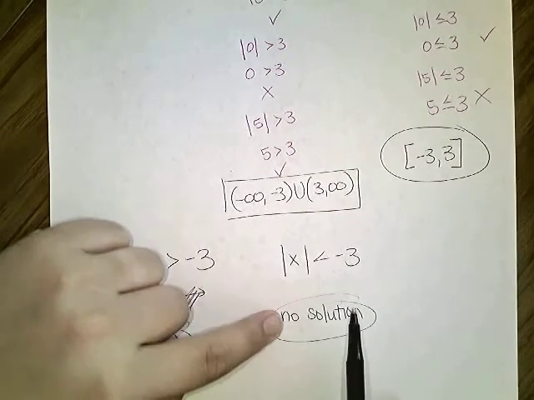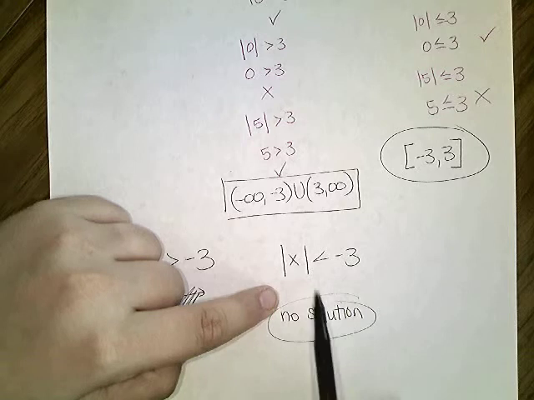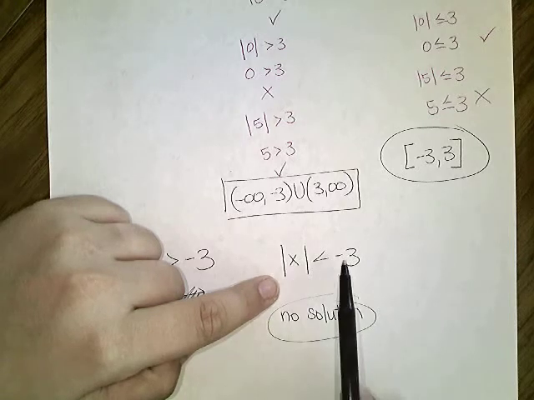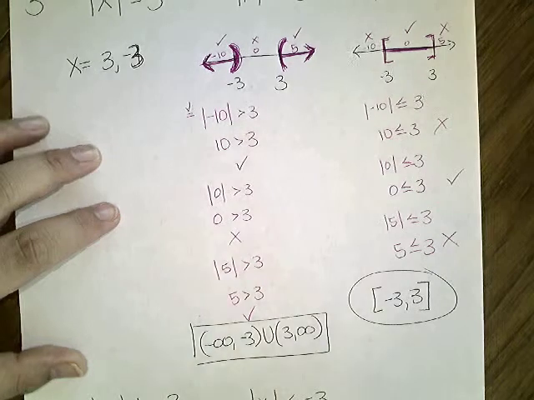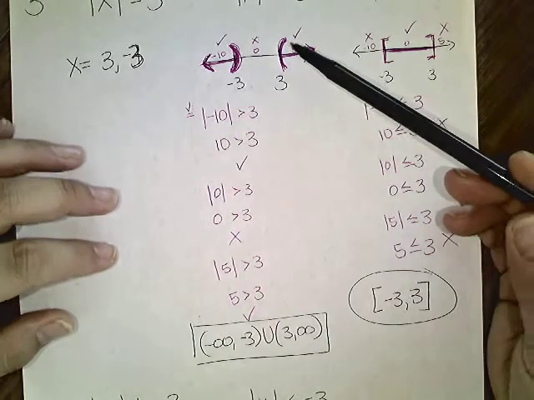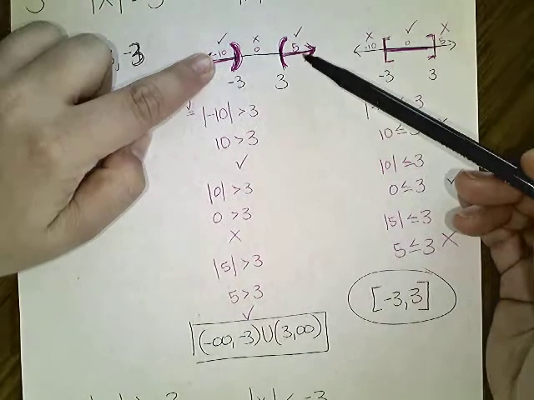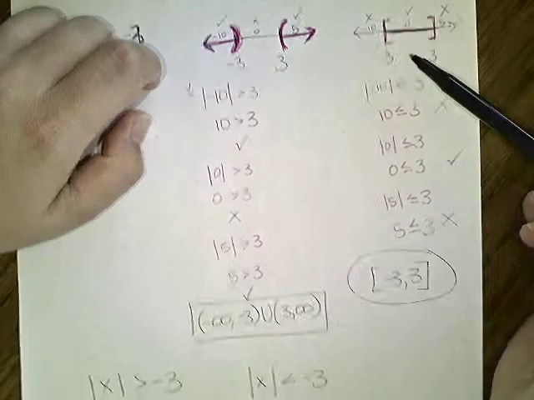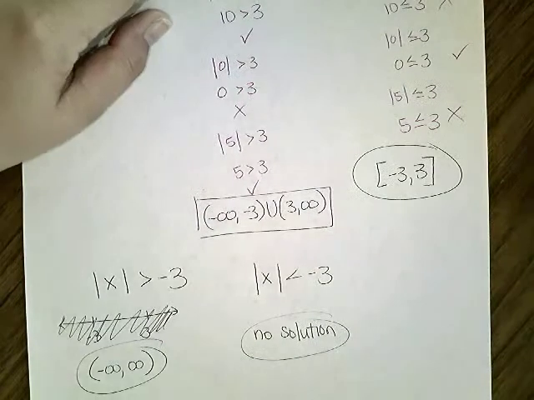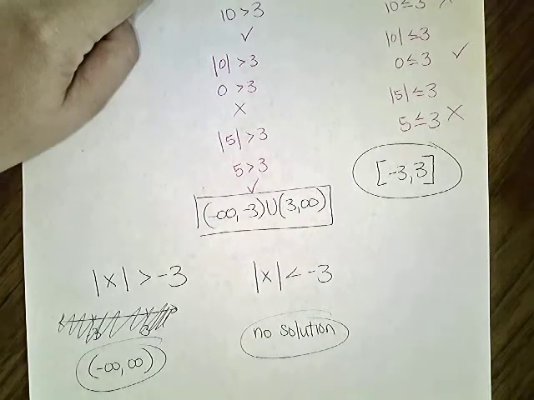We have a scenario that logically will never happen, since an absolute value is never less than a negative number, so that's no solution. And then we have times where your solution is either going to be the outside regions or the middle region. Those are our 4 different scenarios when we're dealing with absolute value inequalities.